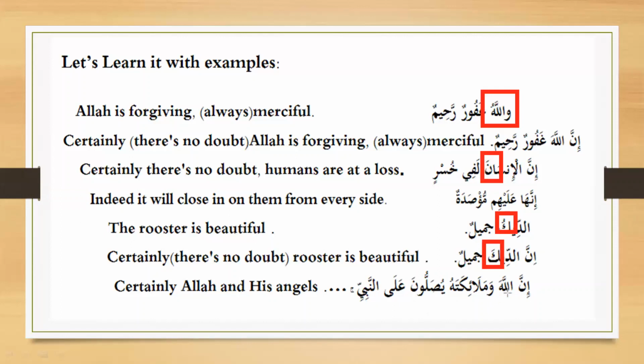So over here again, inna, then Allah, isme jalala, again nasb in status with fatha. Okay, so these are the examples from Quran. Not all examples are from Quran, but some are from Quran and some are just Arabic sentences. Okay, let's go to the next page and see what's there.